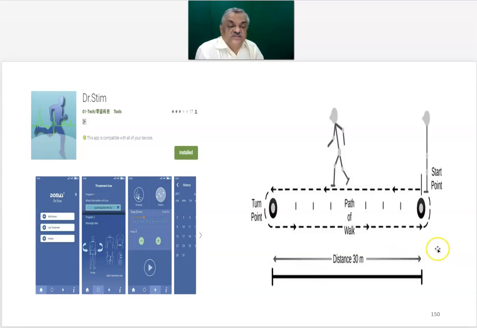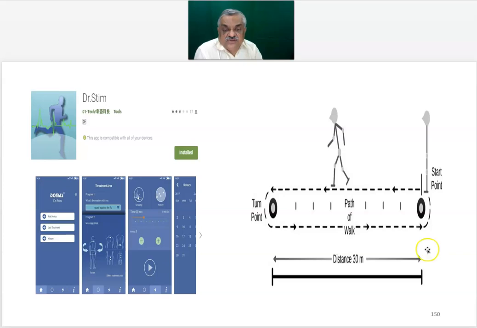Since the distance commonly in a building, in our operation theaters, outside the theaters or wards is not more than 100 feet or 30 meters, we use that distance or we use the time of 6 minutes and we measure the number of steps taken. We note that and we see whether it is increasing or decreasing. There is a separate app on Google Play called a 6-minute walking test app.